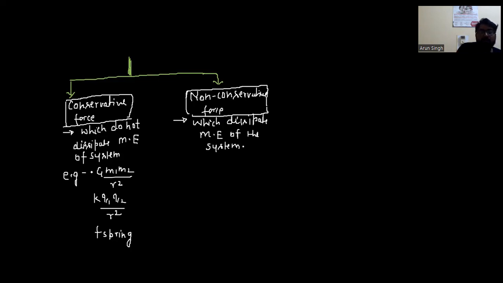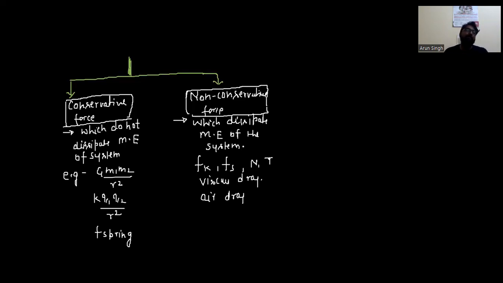And here we will say friction force, kinetic friction or static friction, is non-conservative. Viscous drag or air drag, these kinds of force, normal reaction, tension, these are non-conservative forces.